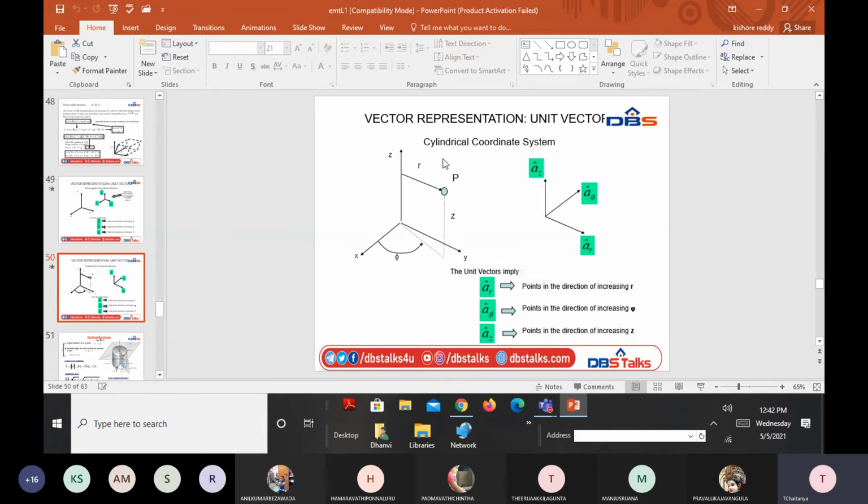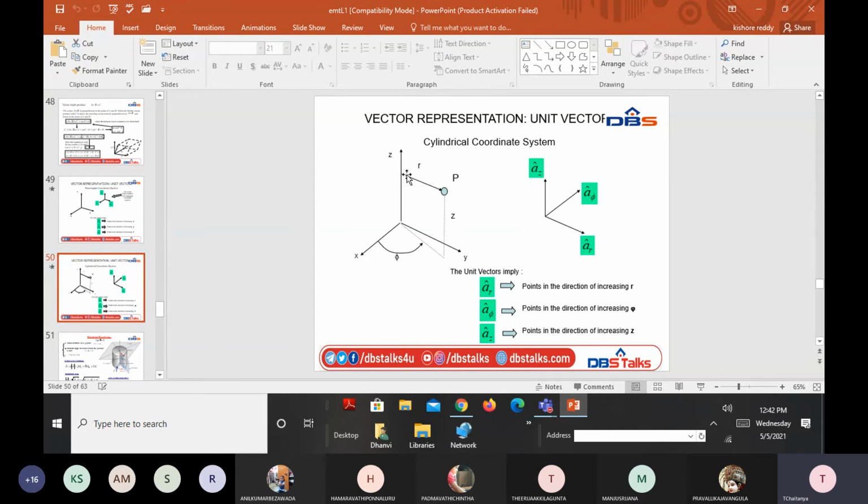See now how a point can be represented in a cylindrical coordinate system. Let us consider a point P here. In the cylindrical coordinate system, the distance from the z-axis to the point P is considered the radius of the cylinder.